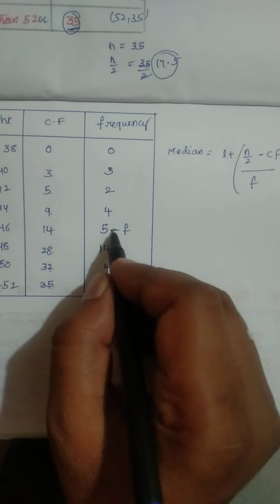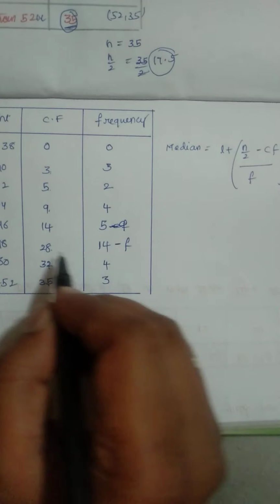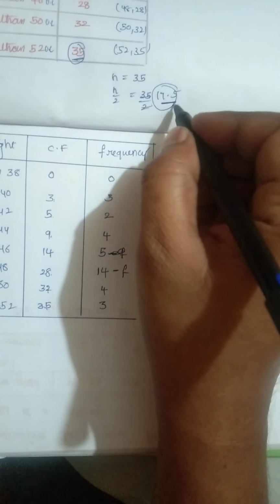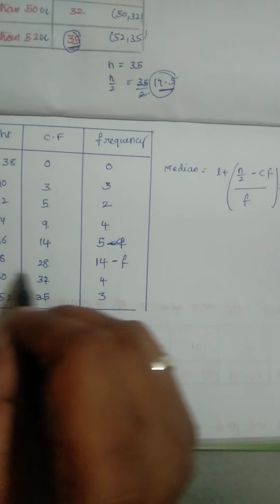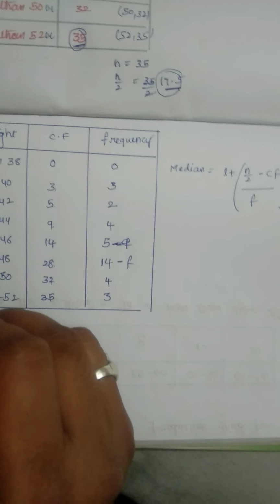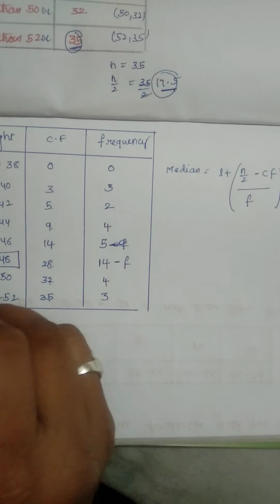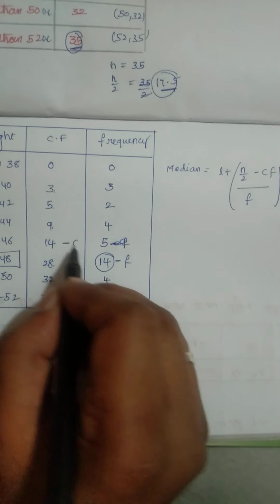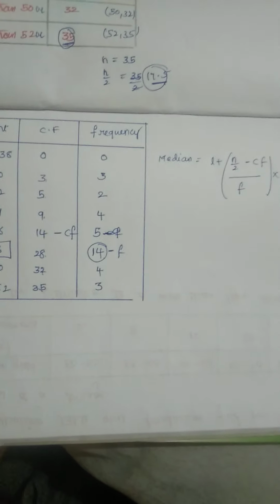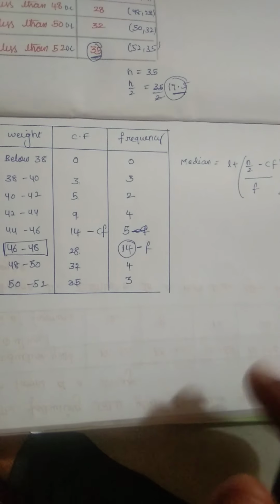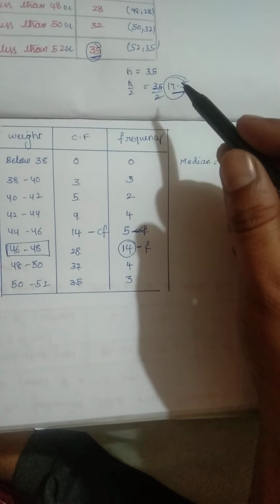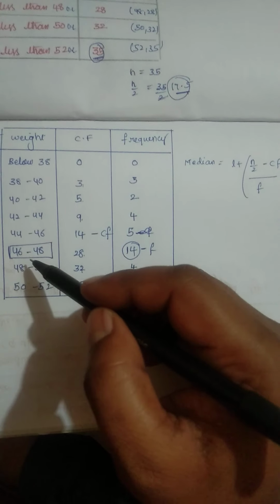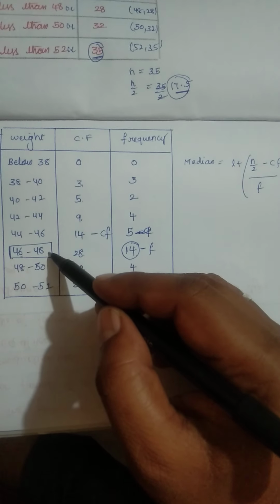N by 2 value we got 17.5, which is after 14. After 14 means, our median class is 46 to 48. That corresponding frequency is 14 and cumulative frequency is also 14, children. Don't confuse. It depends upon n by 2 value 17.5, which is after 14. So after 14 our class interval is 46 to 48.